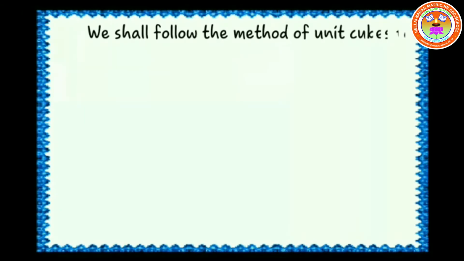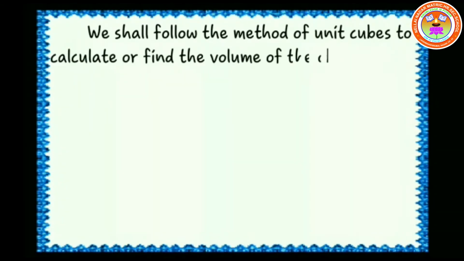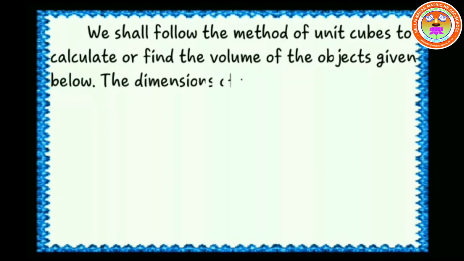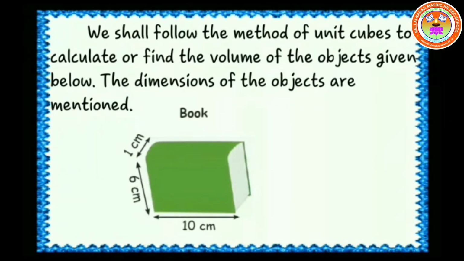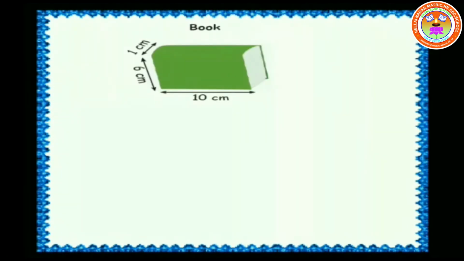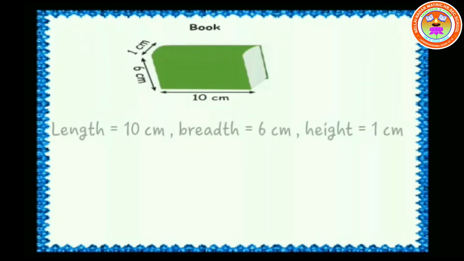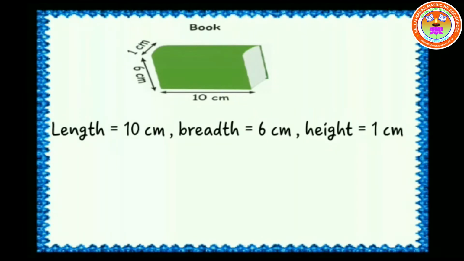We shall follow the method of unit cubes to find the volume of the objects given below. The dimensions of the objects are mentioned. First object is book. Length is 10 centimeter, breadth is 6 centimeter, height is 1 centimeter.